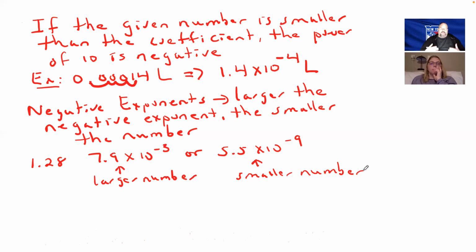At that point, it's very critical to be able to figure out which is the larger number, which is the smaller number. So that's why I wanted to mention this in terms of the negative exponents. The larger the negative exponent, minus 9, 9 is larger than 3, the smaller the number. So I definitely wanted to mention that as part of the discussions this evening.